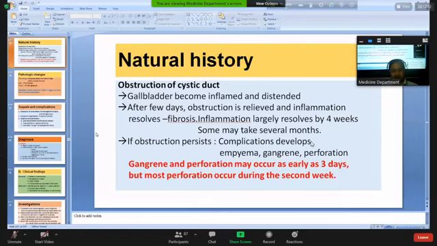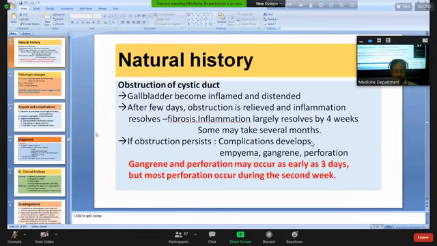So the gallbladder becomes distended and inflamed. After a few days, if the obstruction is relieved, inflammation resolves, and largely resolves within 4 to 6 weeks.